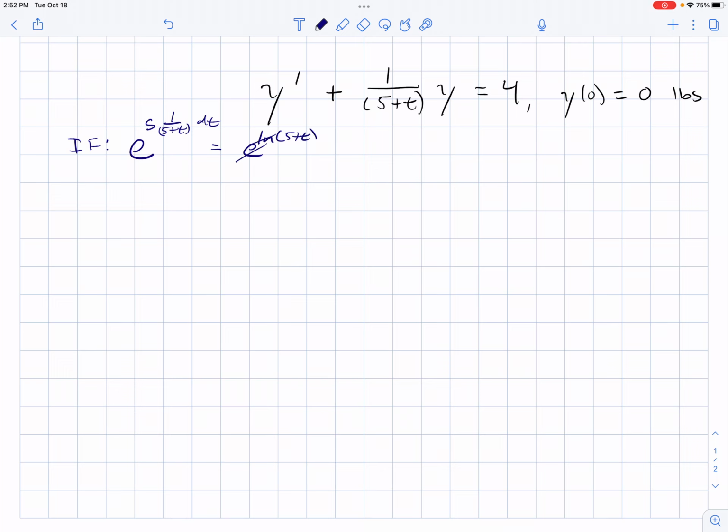And wonderful things happen with logarithm properties, and we just have 5 plus t as our integrating factor.